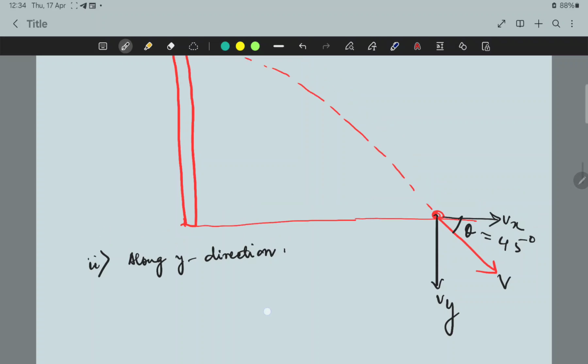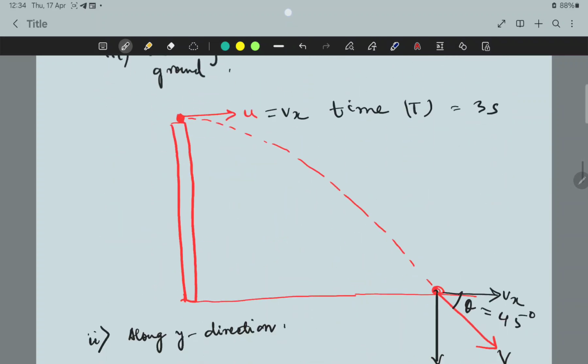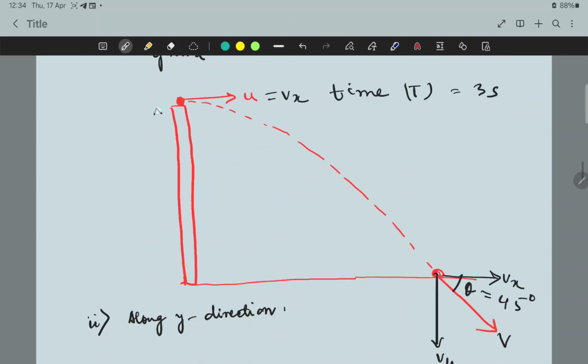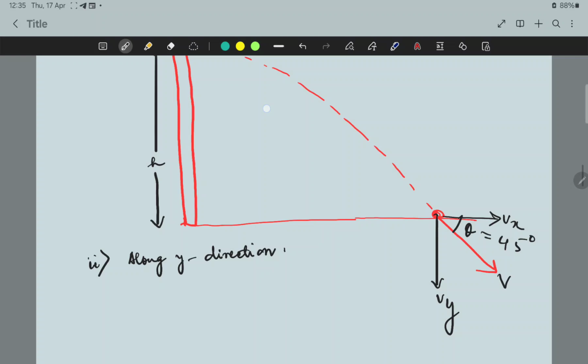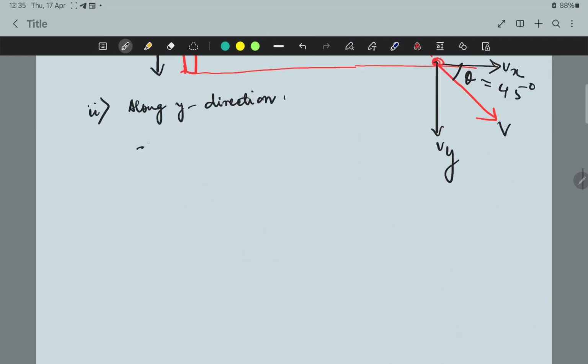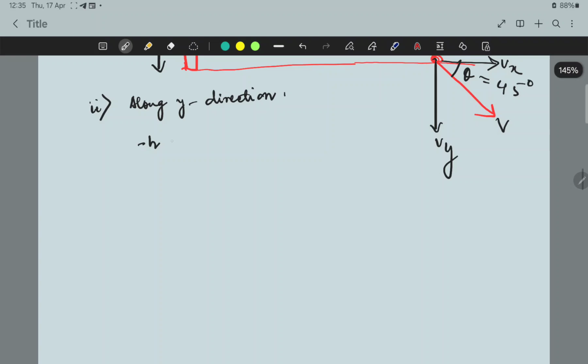So let's take the height of the tower to be h. I am writing minus h because it is from top to bottom.